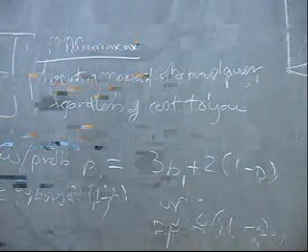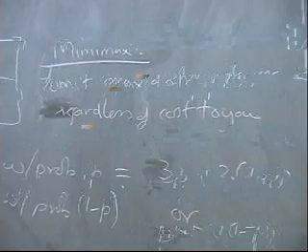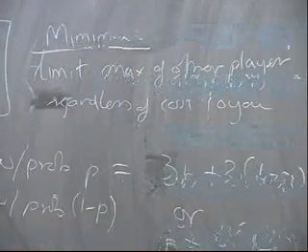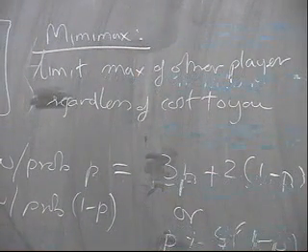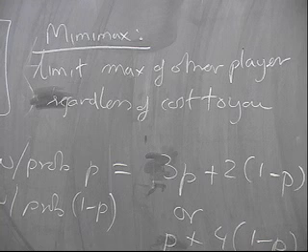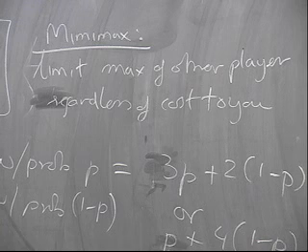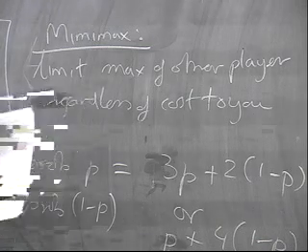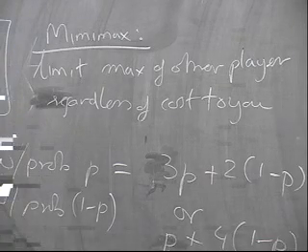Minimax says limit the max of the other player, no matter the cost to yourself. Even if it hurts you very badly to play this strategy, you're going to do that because you want to make sure the other person doesn't get too much. This is the dog in the manger strategy. It's going to hurt me, but I don't care. The other person is going to get hurt, and that's good. So I want to find the point where you limit the max of the other player. That's the minimax strategy.